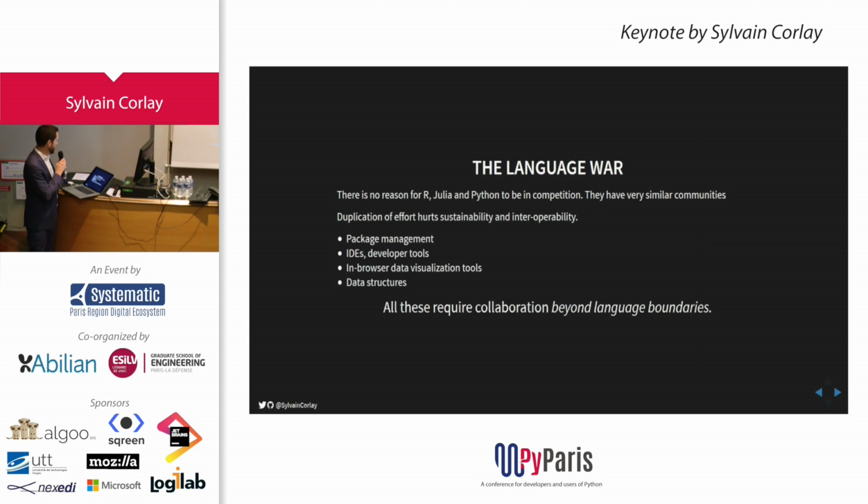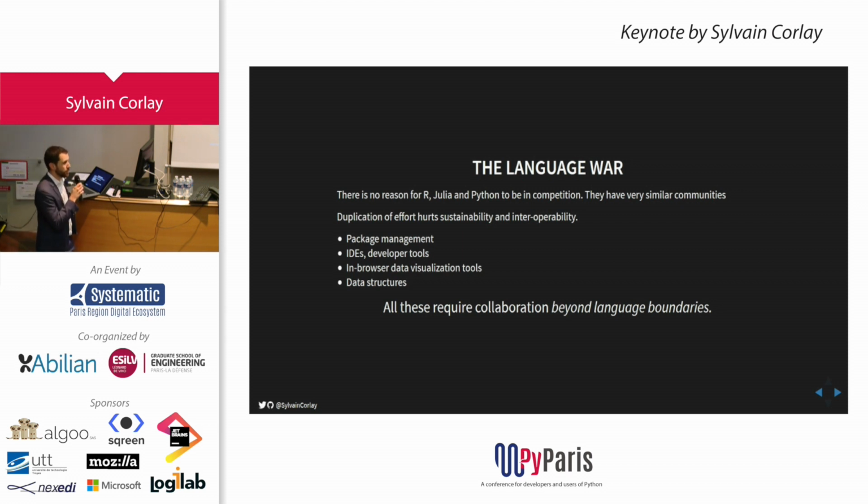Because there is no reason for R, Julia, or Python to be in competition. They have distinct communities and advantages and areas of expertise, but there is a lot of duplication of effort that hurts sustainability and could, if there was no such duplication, make the community move faster.